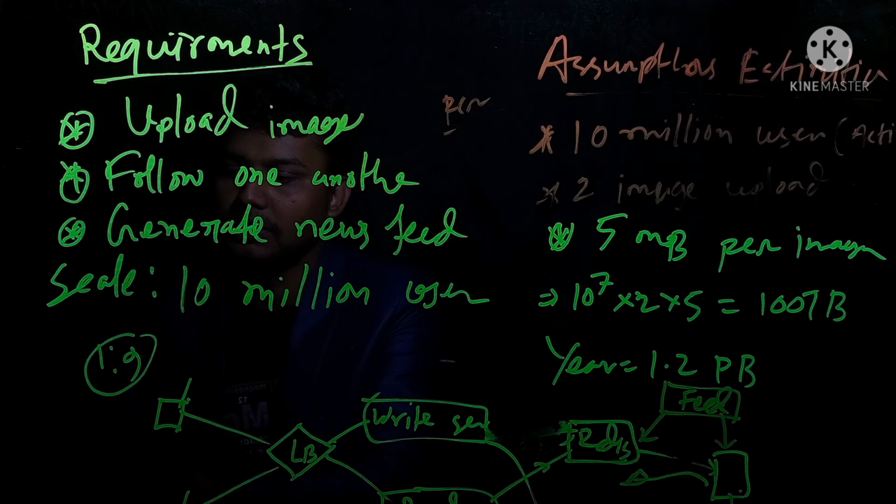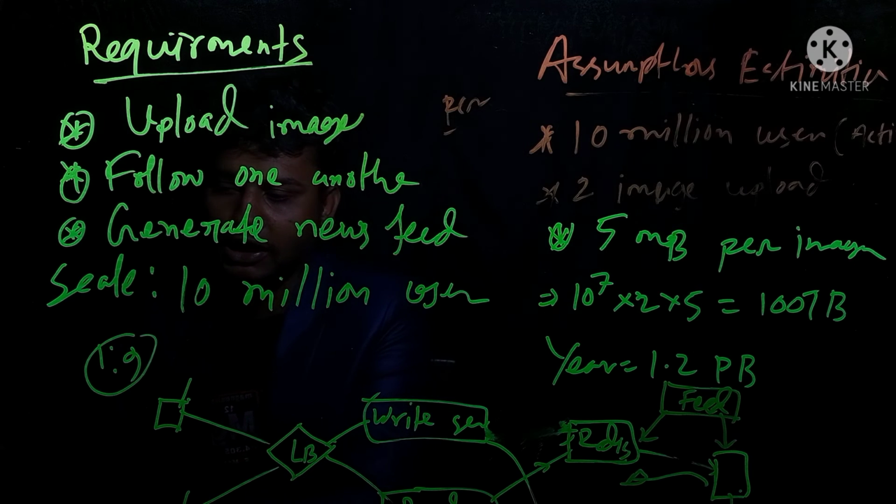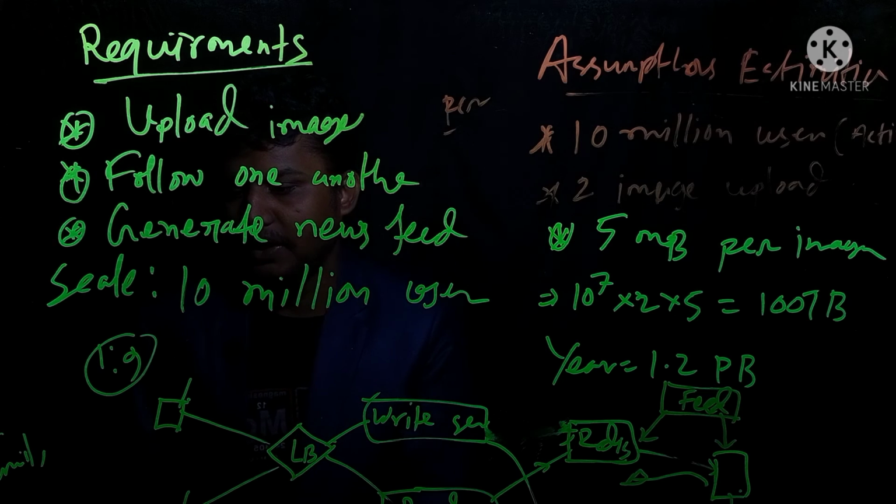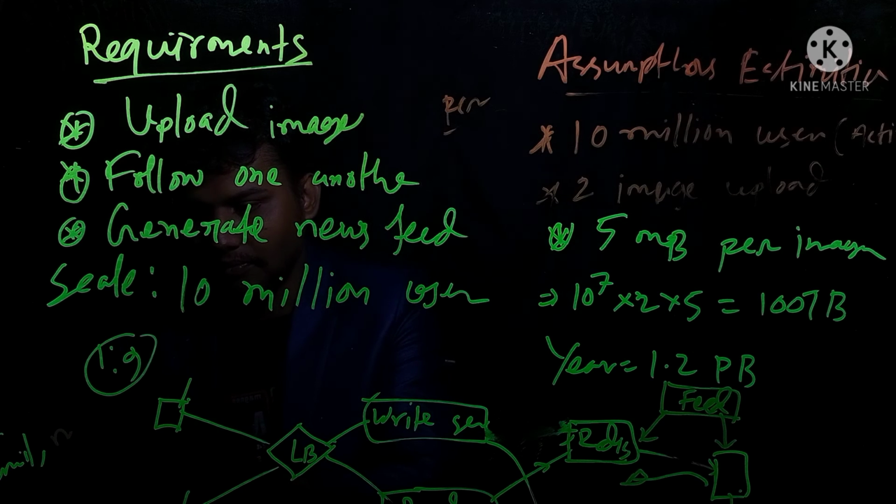Here we may also introduce our ER diagram. The user will have an ID, email, which will be the primary key, name and location, right?